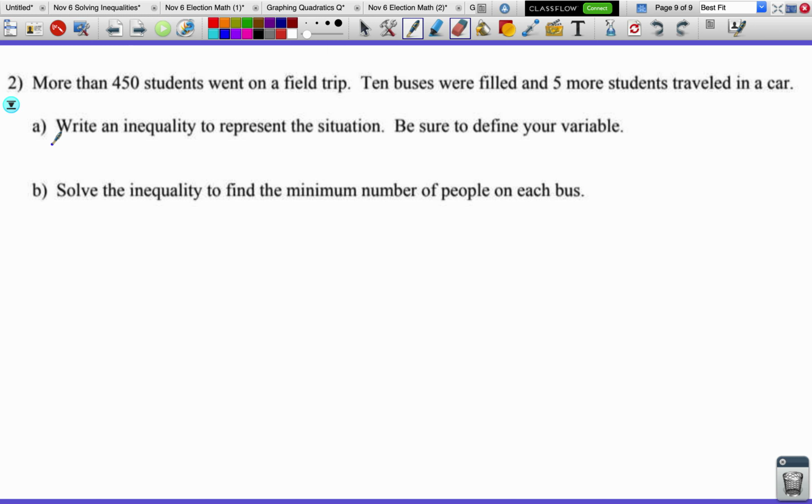So we'll say B equals number on each bus. But we know that there were 10 buses, so we can say 10B. And then 5 more students traveled in cars, so plus 5 additional. We know that this amount here is more than 450.